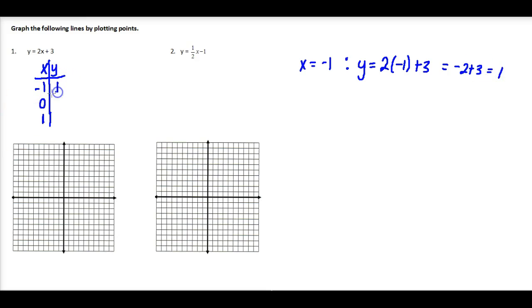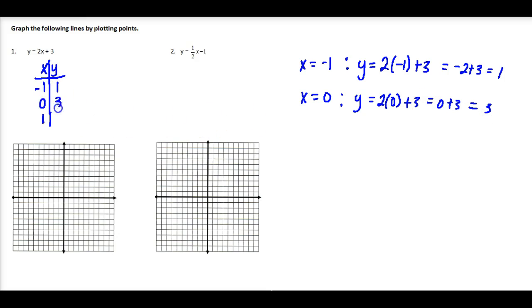So our result is the point (-1, 1). When x is 0, we know that by definition, when x is 0, then what we're going to find is the y-intercept. So we can see here that that's going to be 3. But I'll just go ahead and write out everything to make sure that we're clear.